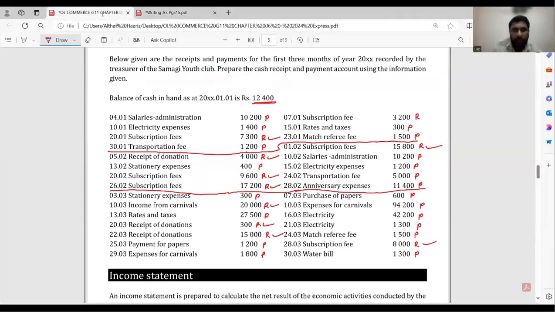Now we have to record the cash payments. There are a lot. Okay, it's irritating for me now.